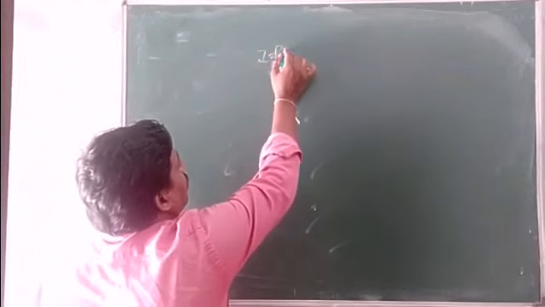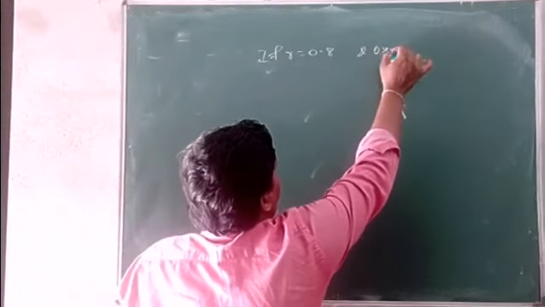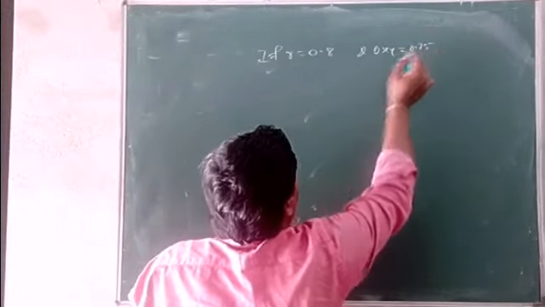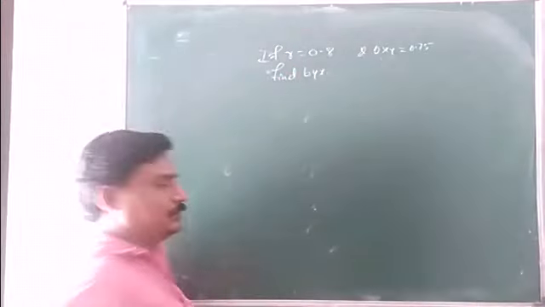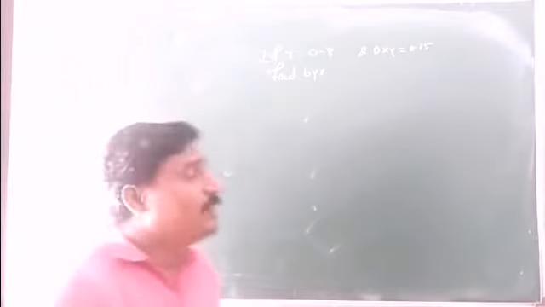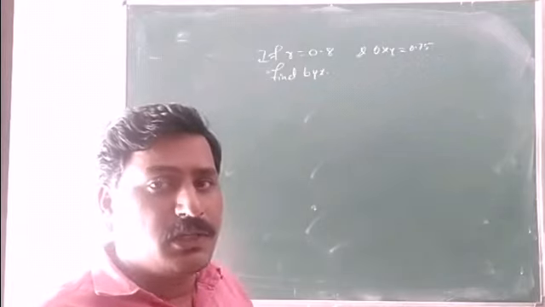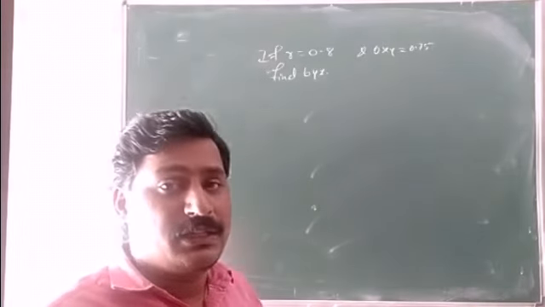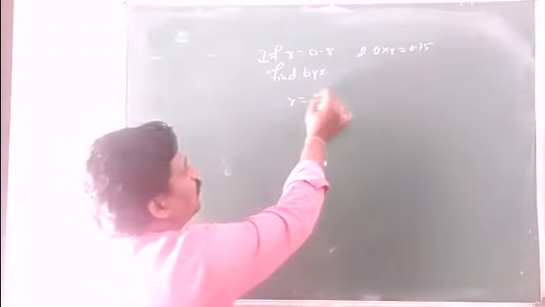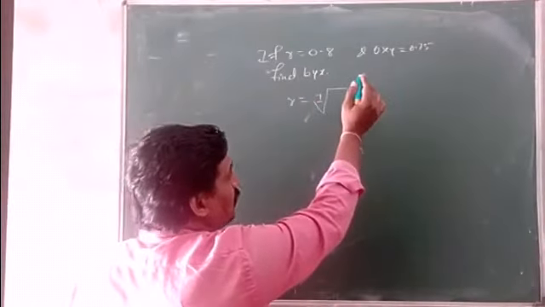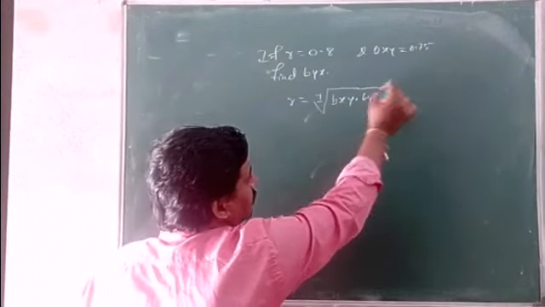If r is equal to 0.8 and bxy is equal to 0.75, find byx. So how to find byx here? To find byx, go for the correlation formula using regression coefficients. That is, r is equal to plus or minus root of bxy into byx.